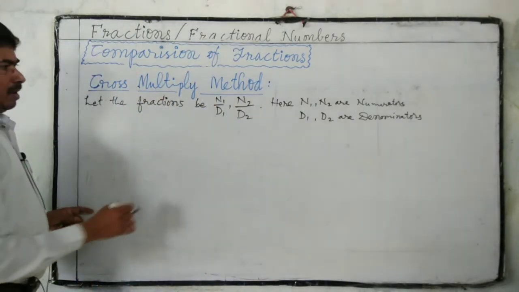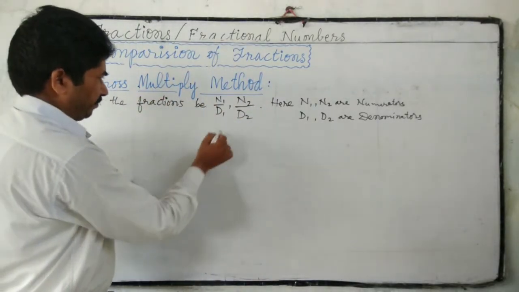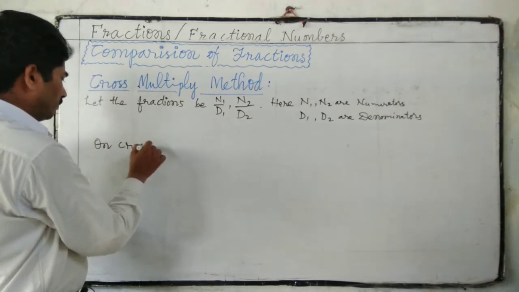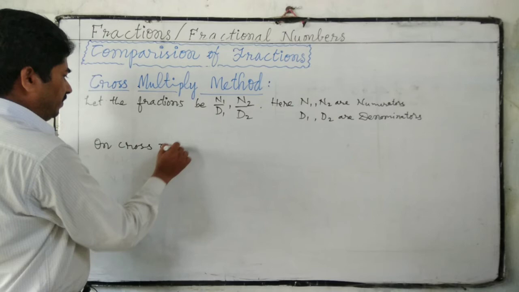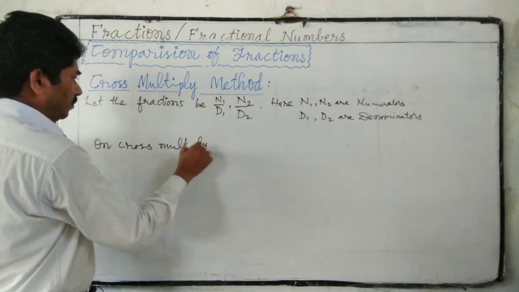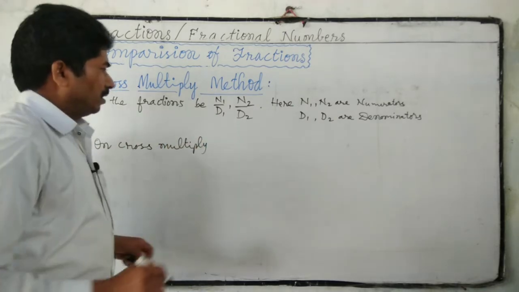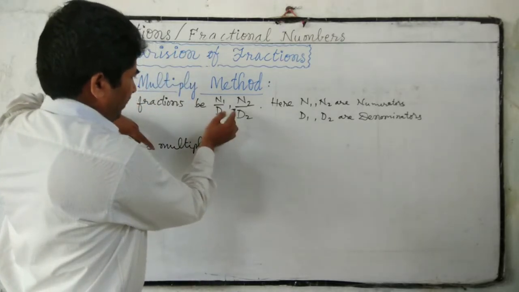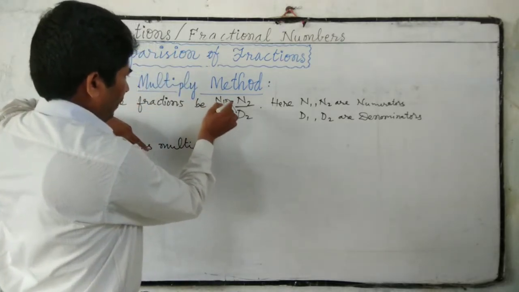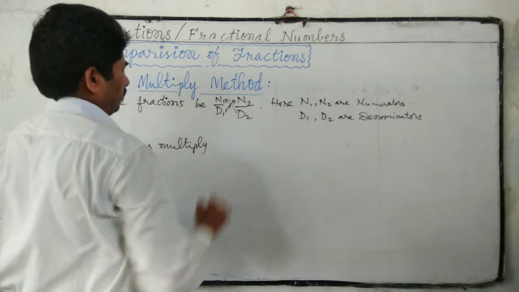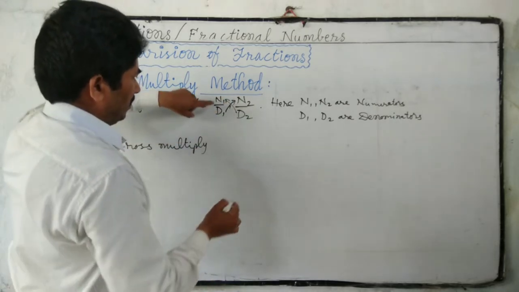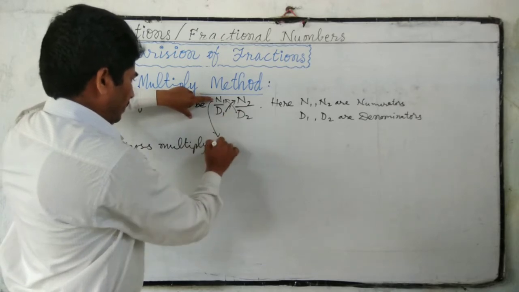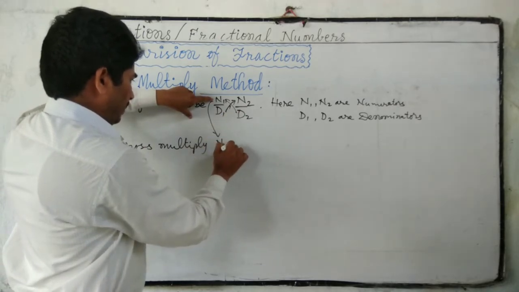On cross multiply, cross multiply means like this we can cross multiply. Like this we can write here n1 d2.